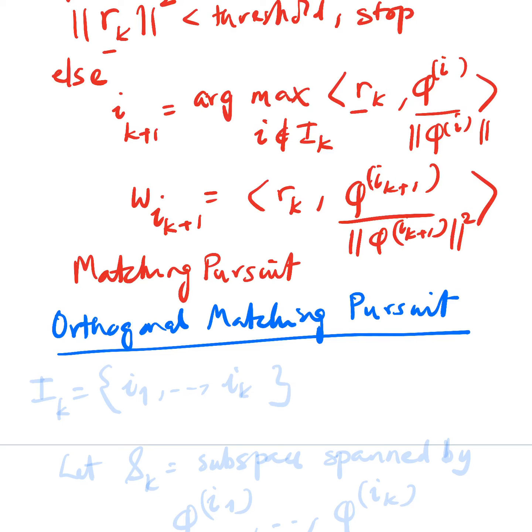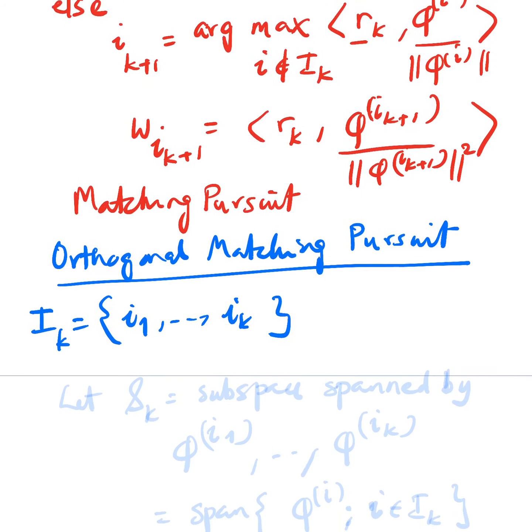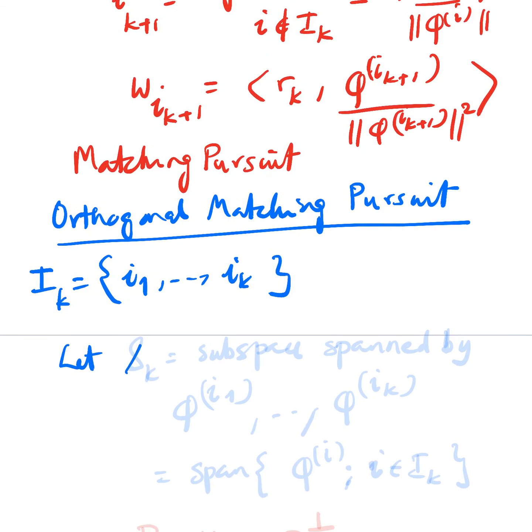So let me define things clearly. Again, in recursive terms, suppose you have I1 through Ik that has been selected. Again, there is this set of indices Ik, and let Sk be the subspace spanned by the corresponding columns, right?